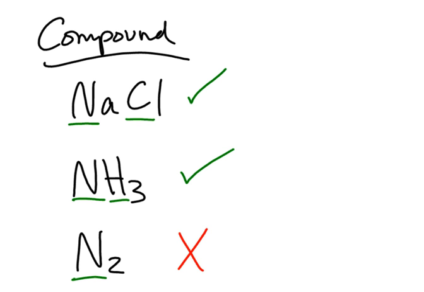So the specific types of compounds we're going to be learning in this video are ionic compounds, meaning compounds that are composed of ionic bonds.